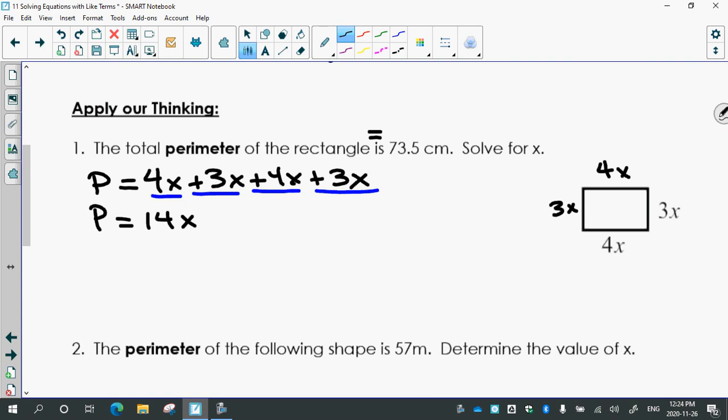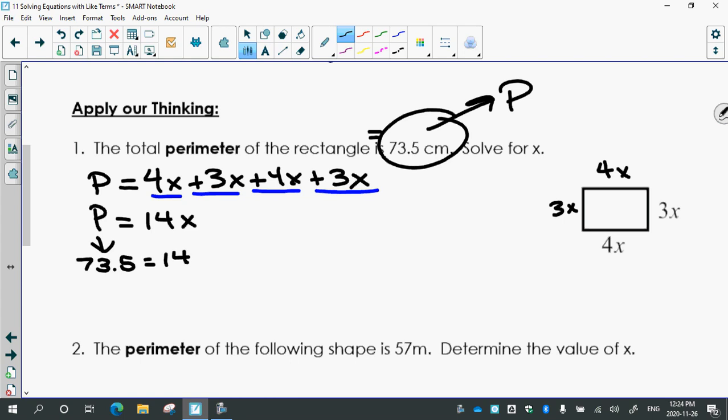Now we know the perimeter. This is P because it says the perimeter is 73.5 centimeters. So I use an arrow and I go, I know P is 73.5 and that equals 14x.